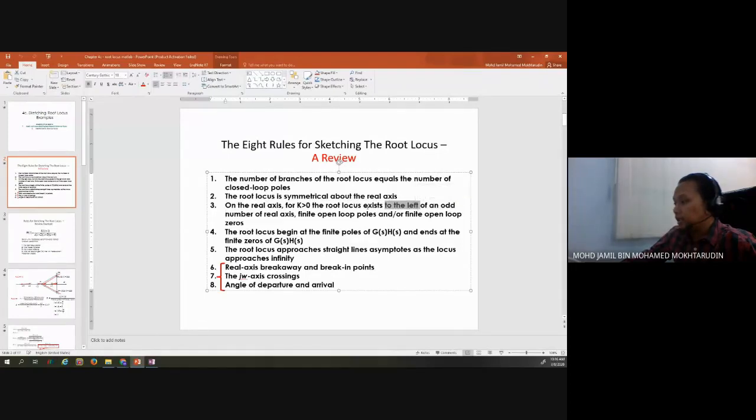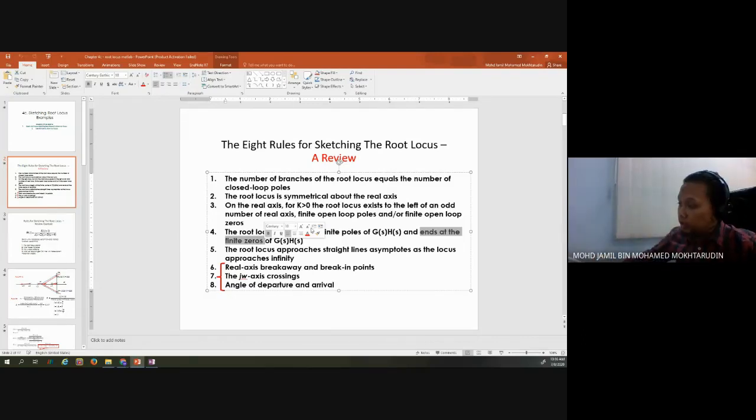Sebab panjang sangat dia punya rules. And number 4, the root locus must start or begin from poles, ends at zeros. So mesti mula dekat poles dan berakhir dekat zeros. So must have the direction arrow, mesti ada arrow.